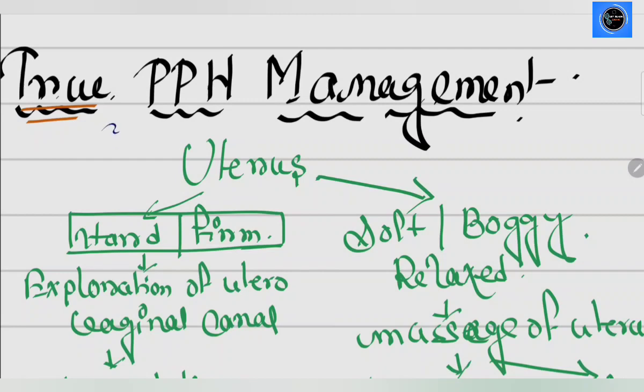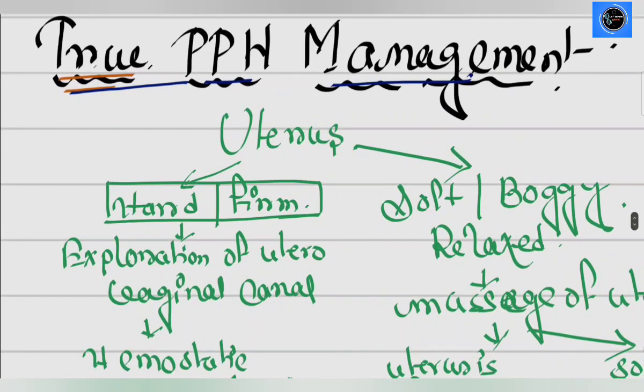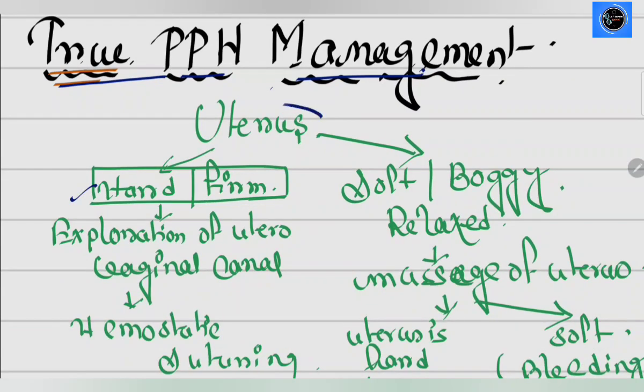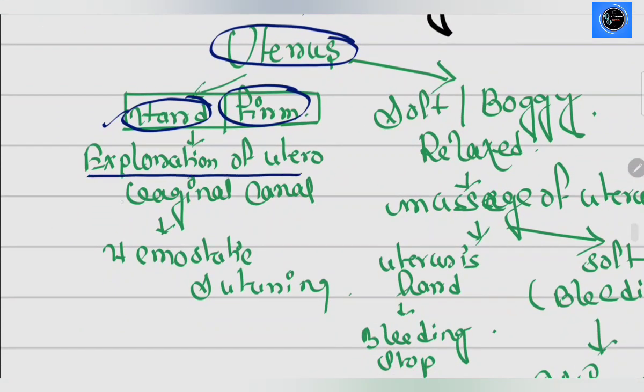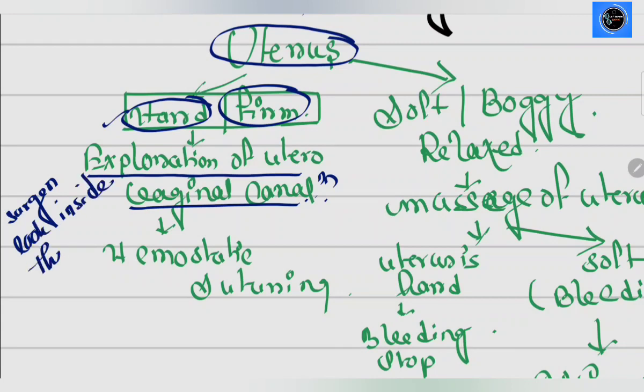For better understanding, I quickly recap the management of true postpartum hemorrhage. True postpartum hemorrhage means when the hemorrhage occurs after delivery of placenta. In that condition, you will assess the uterus condition. If you feel the uterus is hard or firm, you can perform exploration of uterovaginal canal. What is exploration of uterovaginal canal? In this procedure, the surgeon looks inside the uterus.